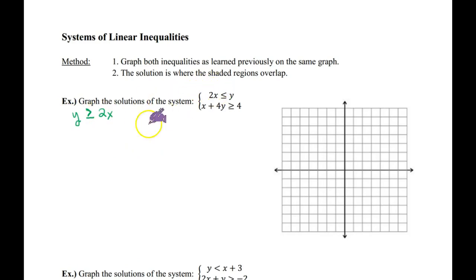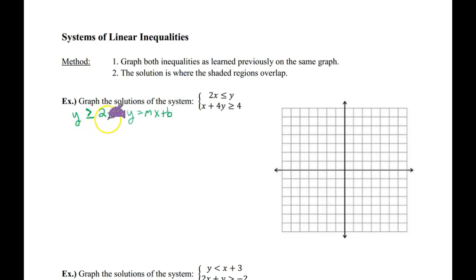This would be equivalent. And when I write it this way, it's more aesthetically pleasing and looks like the form y equals mx plus b. So I can go ahead and graph that line using the slope and the intercept.